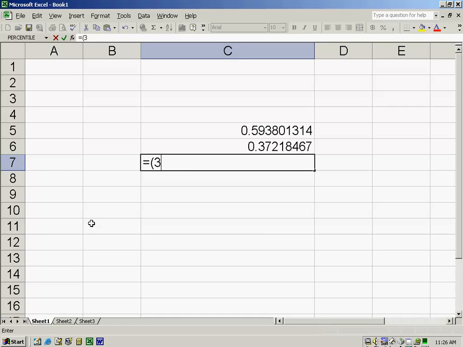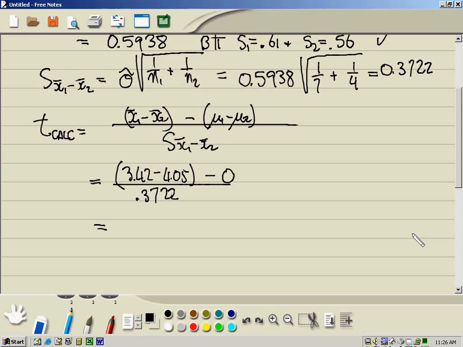And going back to Excel to work that out, it equals 3.42 minus 4.05 divided by the standard deviation, and that's negative 1.693.